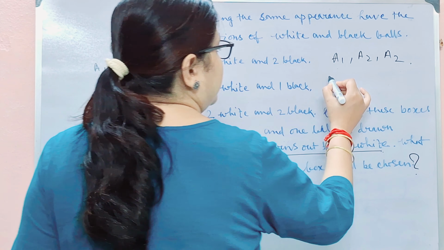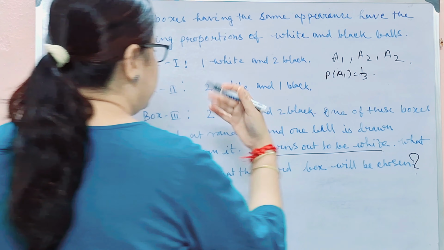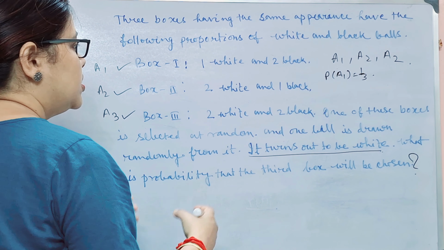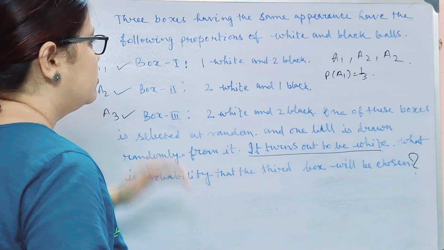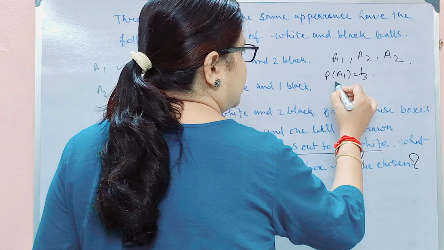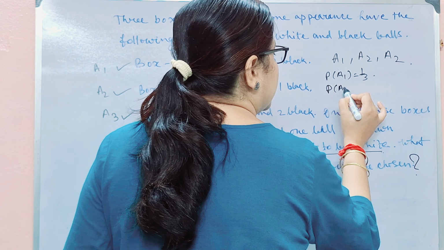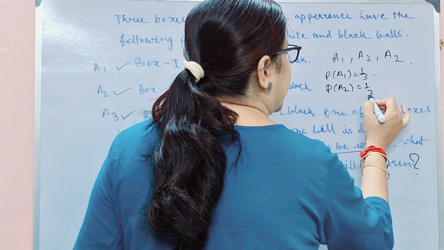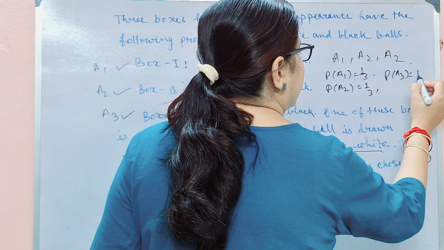Then probability of A1 will be 1 by 3, because 3 boxes are there and I am choosing the first box. Similarly probability of A2 will be 1 by 3, and probability of A3 will be 1 by 3.